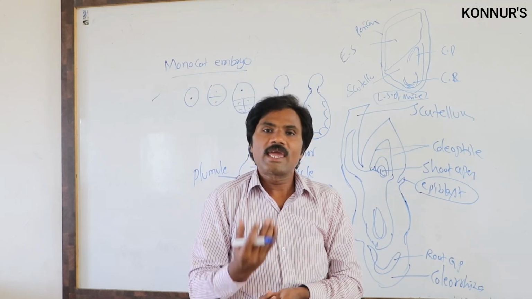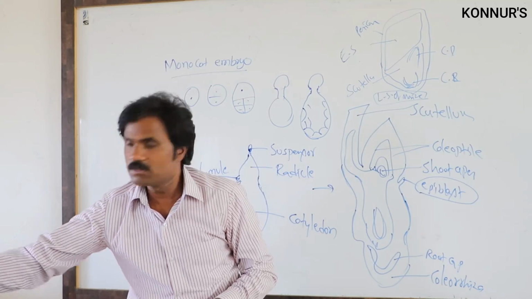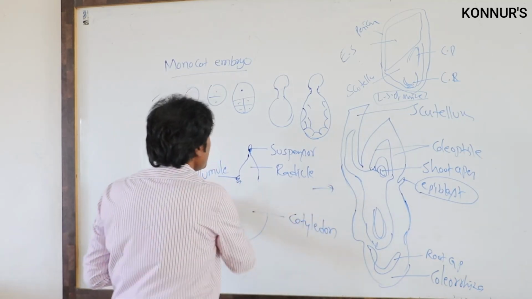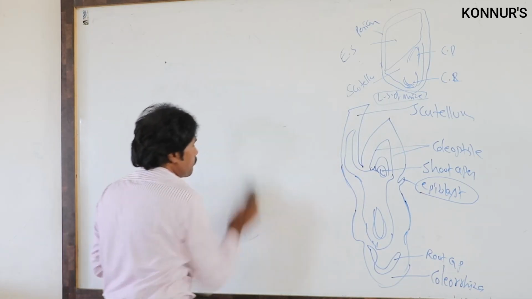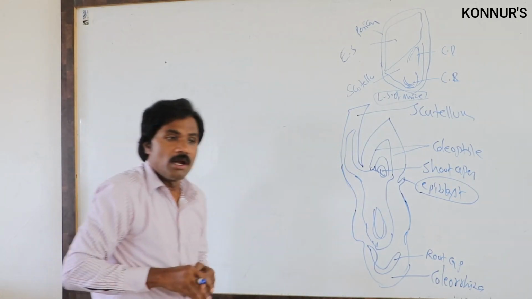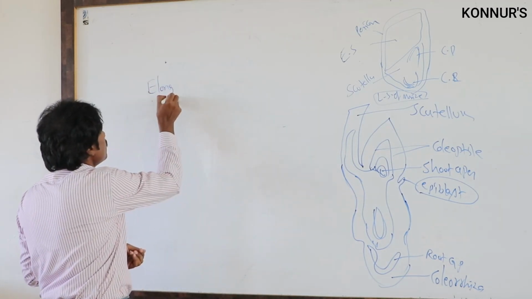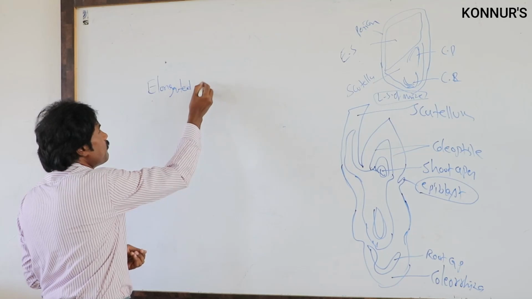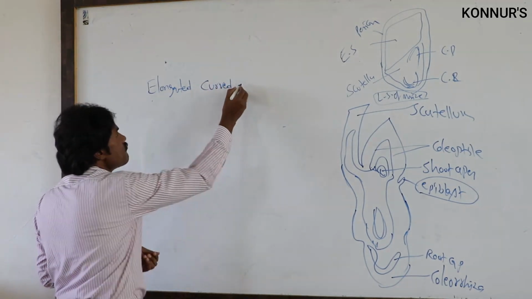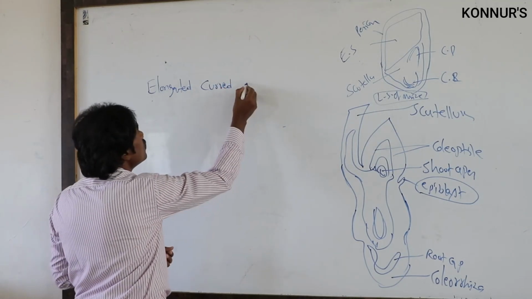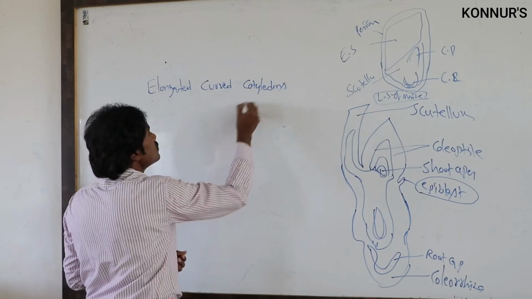That is in Capsella, Capsella bursa-pastoris. In such plants one can observe elongated, curved cotyledons.